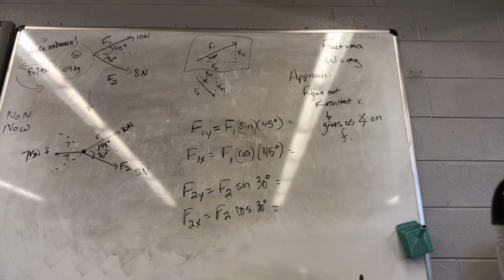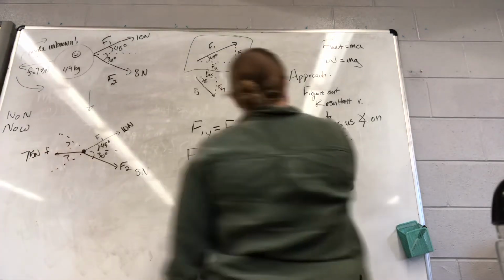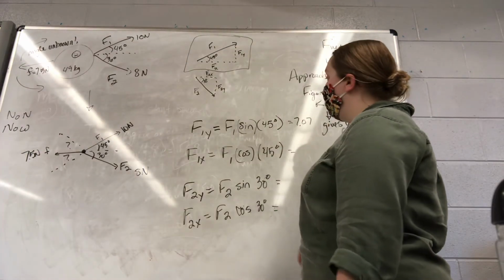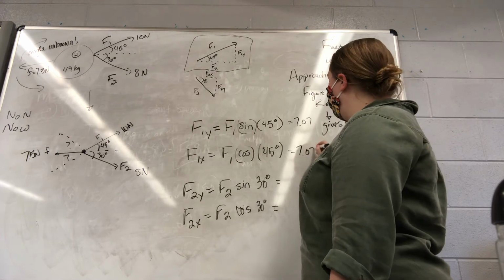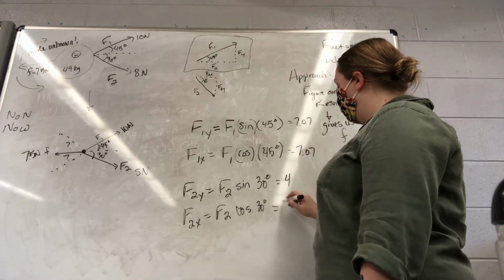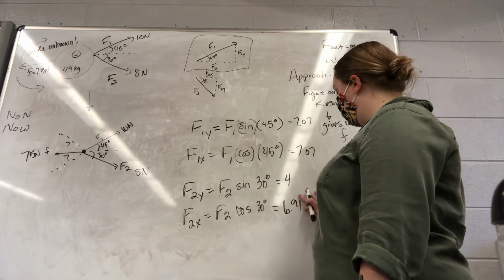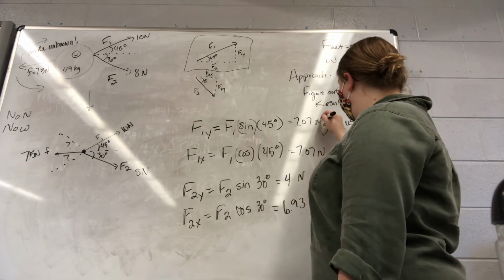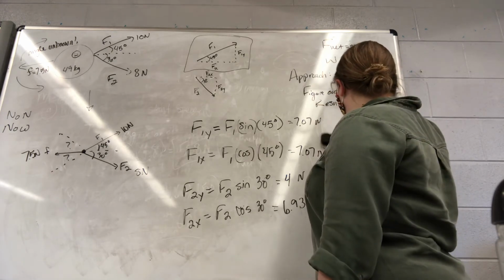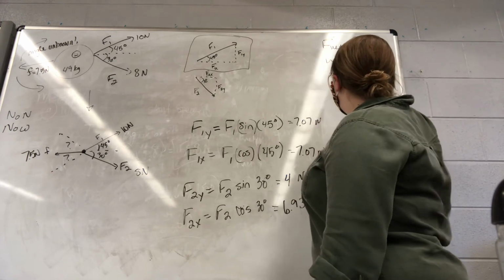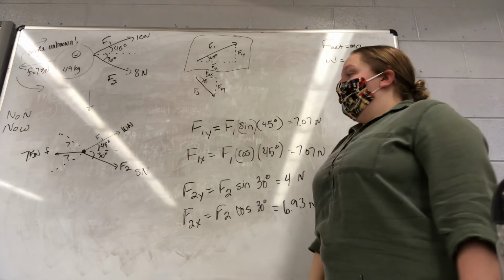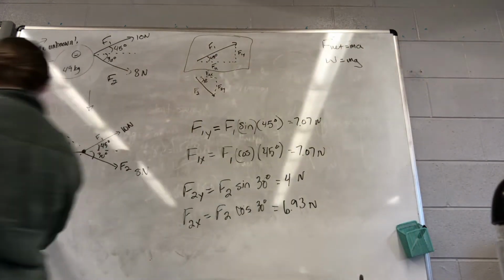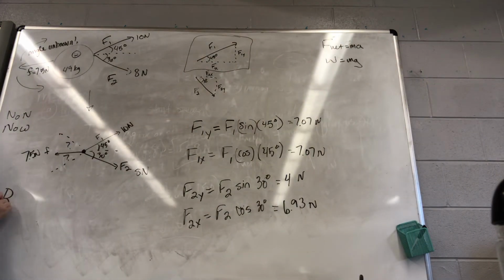All right, go ahead for F1y. 7.07. And then 7.07 for the next. Then 4. And then 6.92. Let's check to see if you calculated it. You have to do F1 and F2.